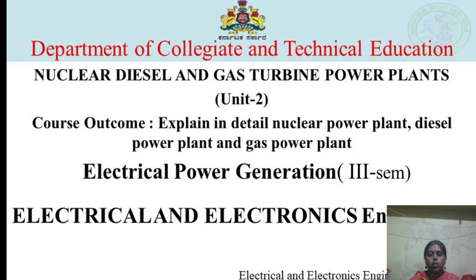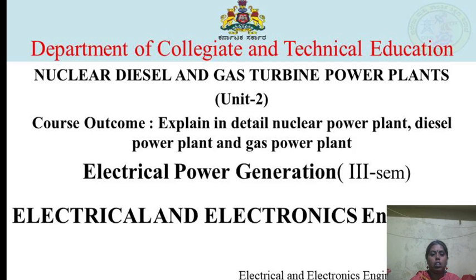So today I am going to present a presentation on the course Electrical Power Generation. In this course, I am discussing Unit 2: nuclear, diesel and gas turbine power plants.